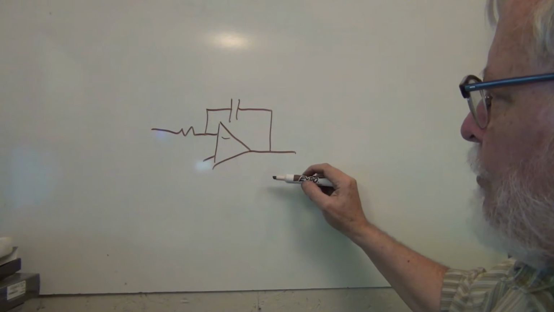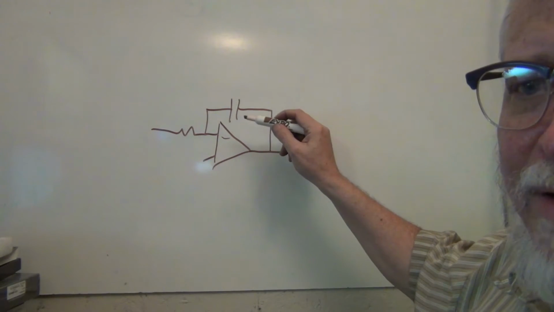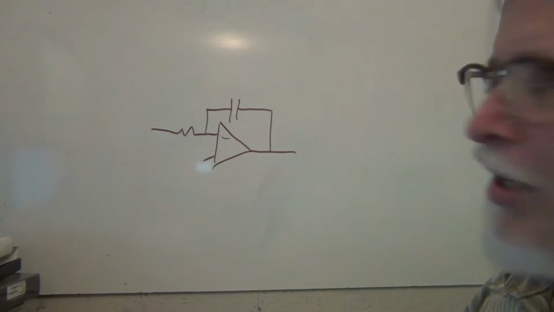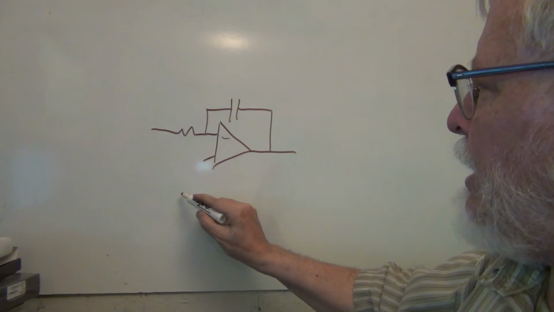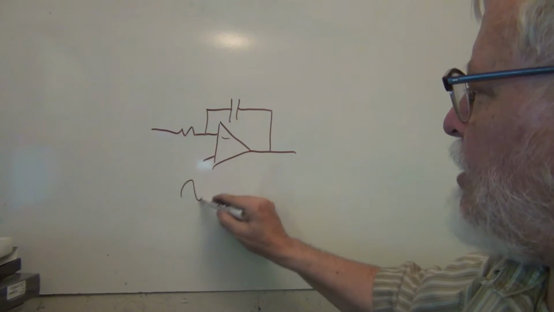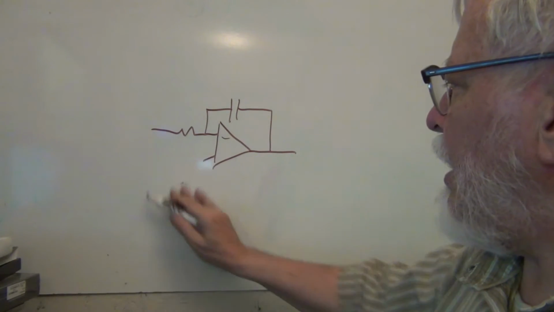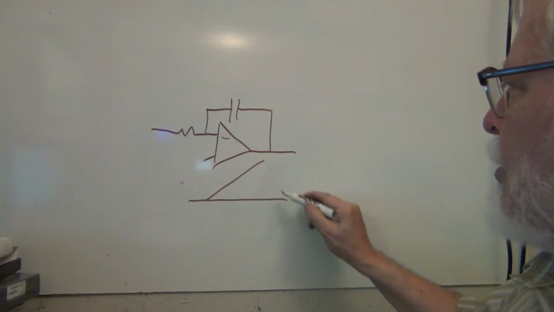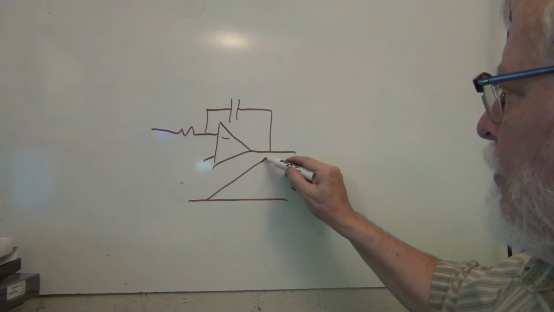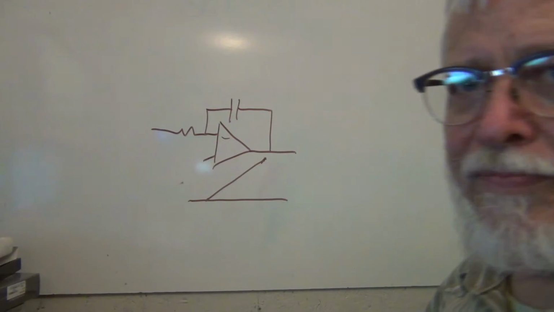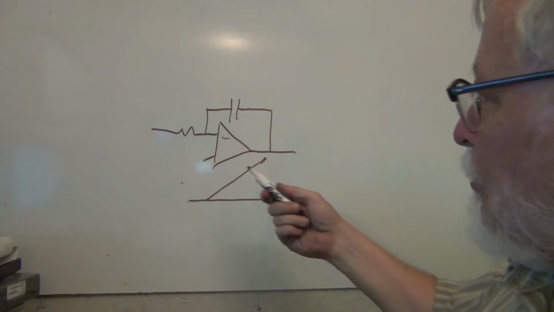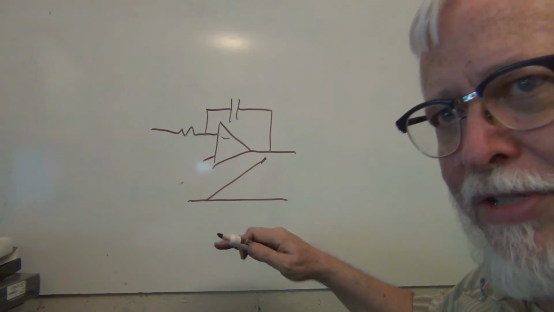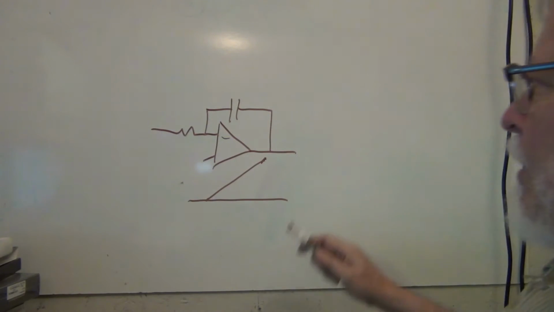So it tries to move, but then the capacitor begins to accumulate a charge, the difference between here and here, and so as a result, in time, you don't get a sine wave or something like that. What you get is what's called a ramp. And a ramp usually starts at 0 and goes to 10 volts. Of course, if it's been through a summing amp, it'll be inverted, so it'll go from 0 to -10 volts.